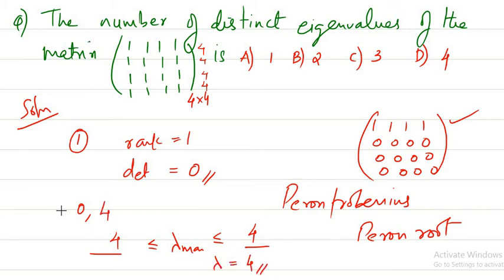So we got 2 eigenvalues, right? 1, 2. Now we are left with 2 more eigenvalues. So how do we find them? That is the challenging part now.